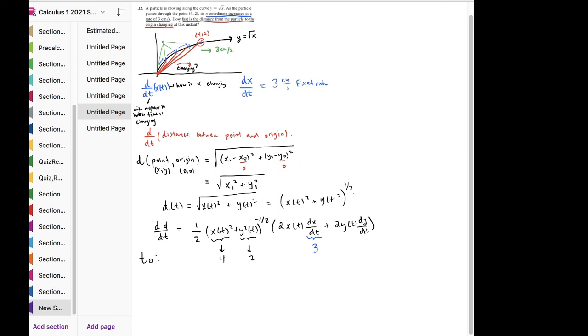Well, these are squared, right? So this is 4. This is 2. So the only thing we don't know is dy dt. But I think we do. Can you figure out dy dt?